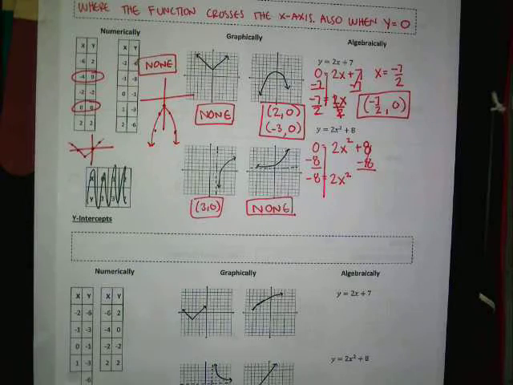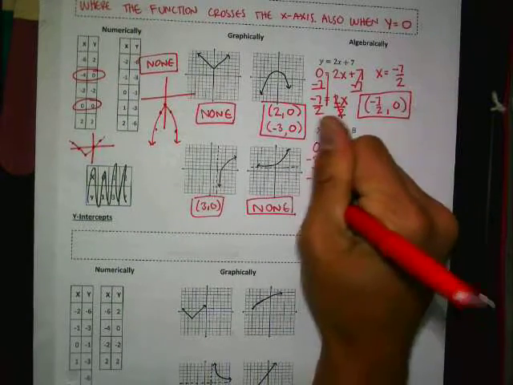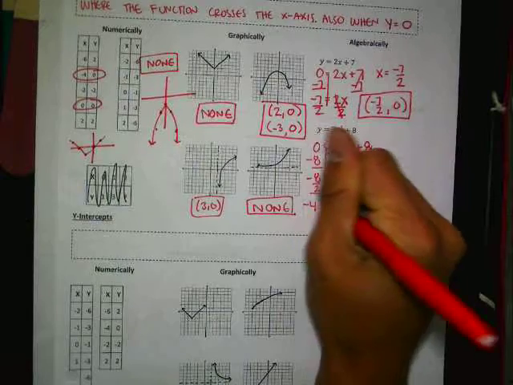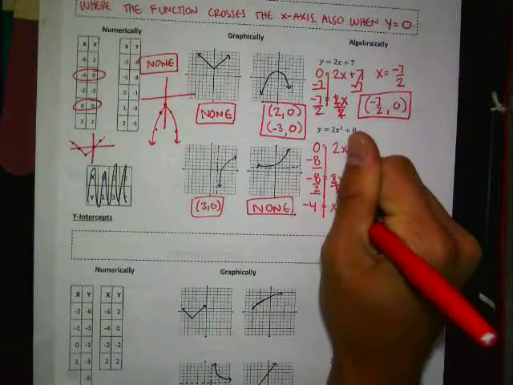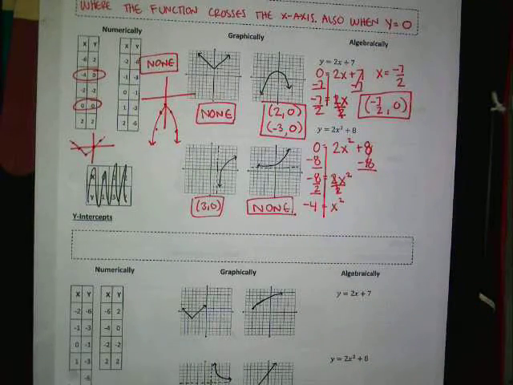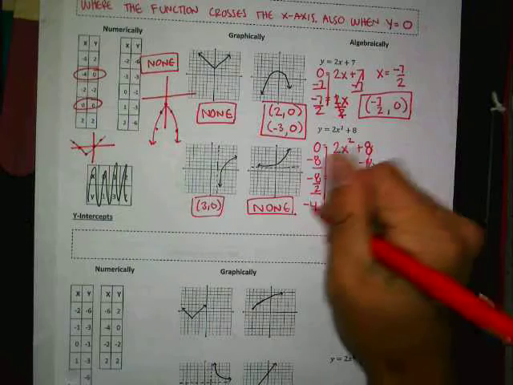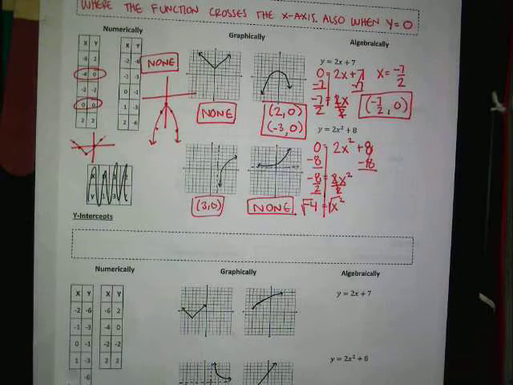Very good, divide by 2. Now I have the square here. Does anybody know how to get rid of that? Very good. Square root. So we're going to square root one side and square root the other.